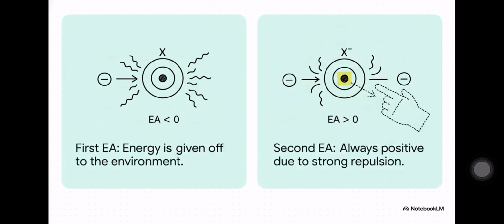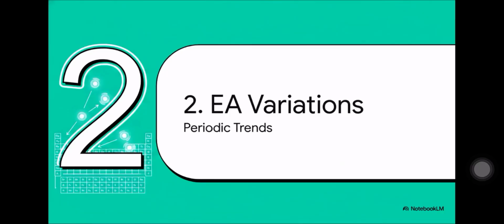Well, once the atom has gained that first electron, it becomes a negatively charged ion. Like charges repel, right? So forcing a second negative electron into that already negative system takes a massive amount of energy.